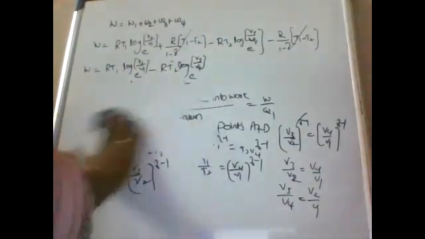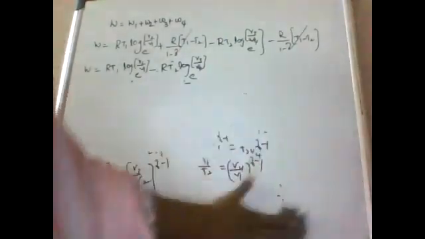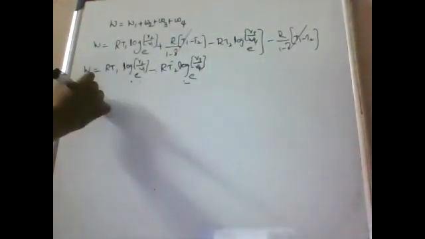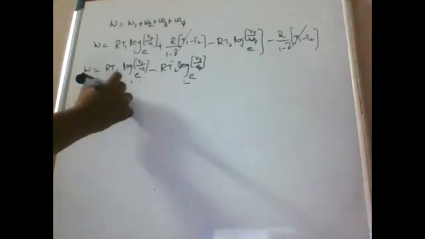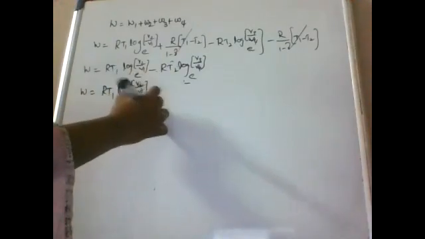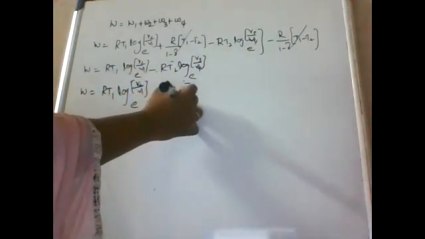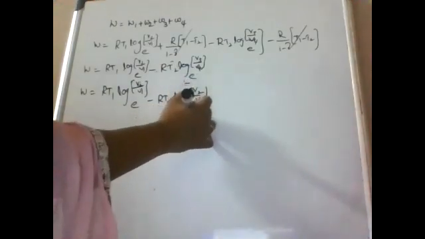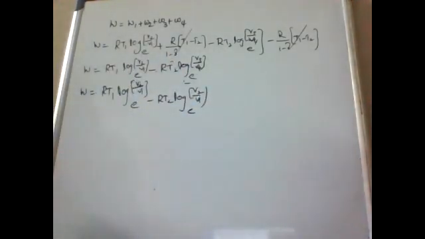Then the total work done, W equals RT1 log V2 by V1 base e, minus RT2 log V2 by V1 base e.